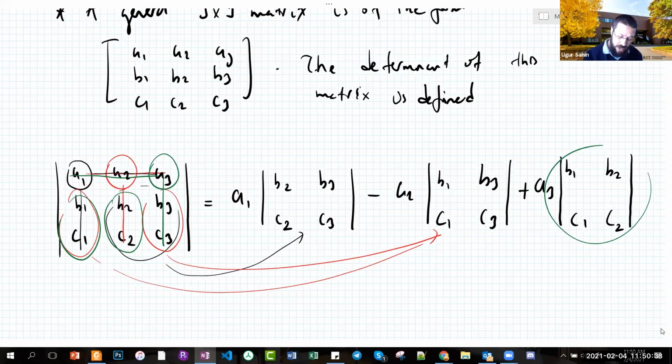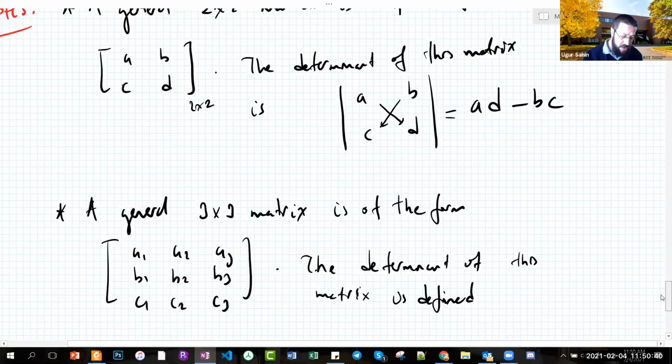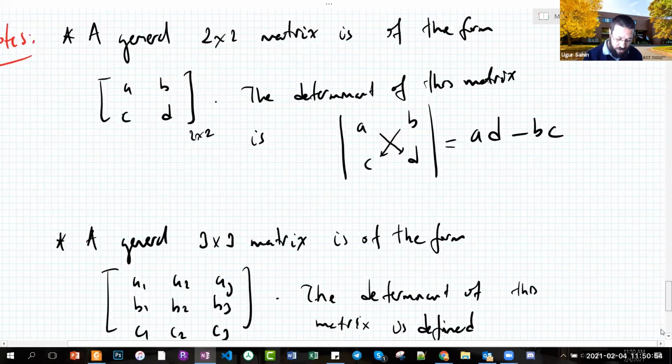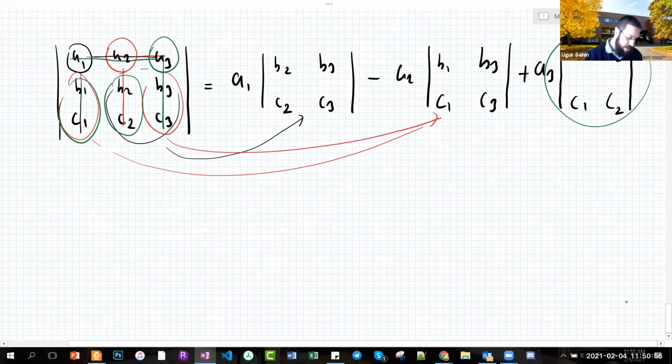In this formula. Let's go back here. You see this formula? Don't forget, this formula is exactly the determinant of the 3 by 3 matrix. Now, I will give you the determinant formula for the cross product. Again, the definition of U times V this time can be given in this way.